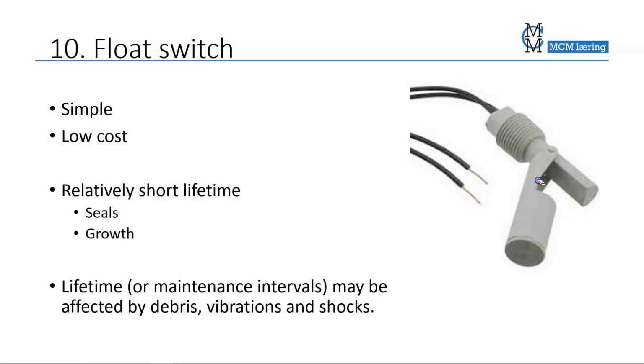This is, for example, very popular in bilge pumps in boats, where you have the bilge here, there will be some water there, and if you have a float switch here, when the water reaches that level, it will start a pump, which pumps out the water from the bilge. They have a relatively short lifetime because of mechanically moving parts, and they may be subject to growth or icing.